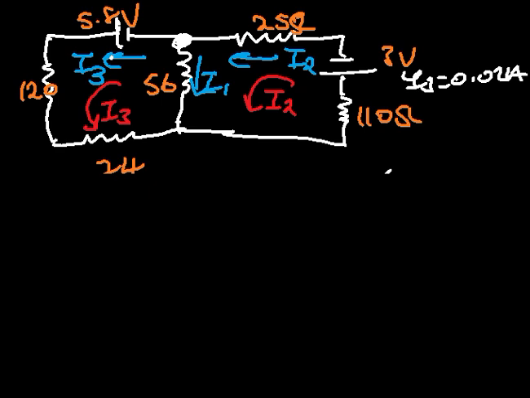So let's say we are told to find the voltage across the 120 ohm resistor, given that the current across the 56 ohm resistor is given as 2 amps. So in that case, it is already given that the current across this branch will be 2 amps.